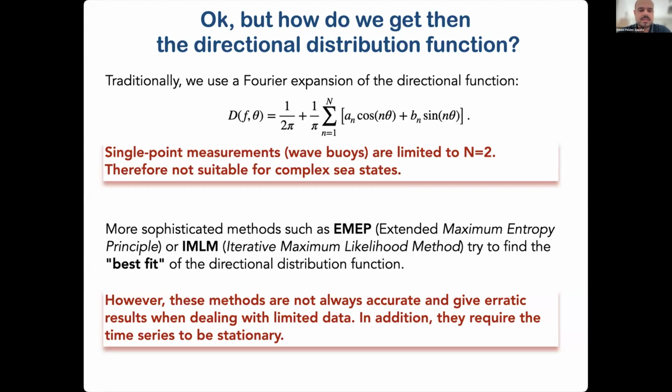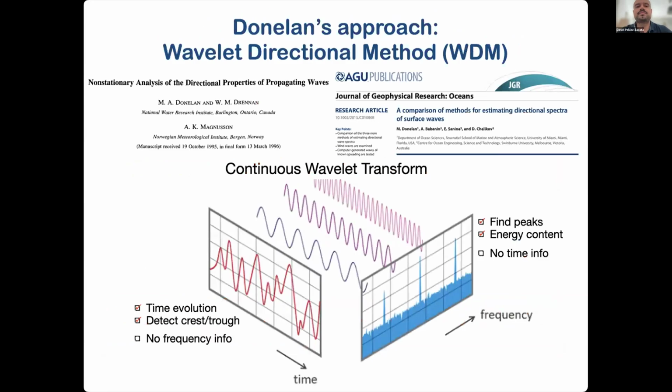But these methods are not always accurate and sometimes provide erratic results, moreover when dealing with limited data. Additionally, they require the recorded time series to be stationary, which is not always true in the context of waves.